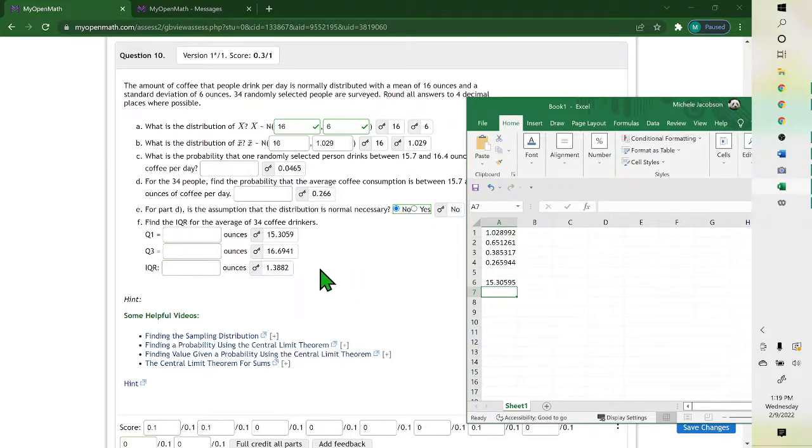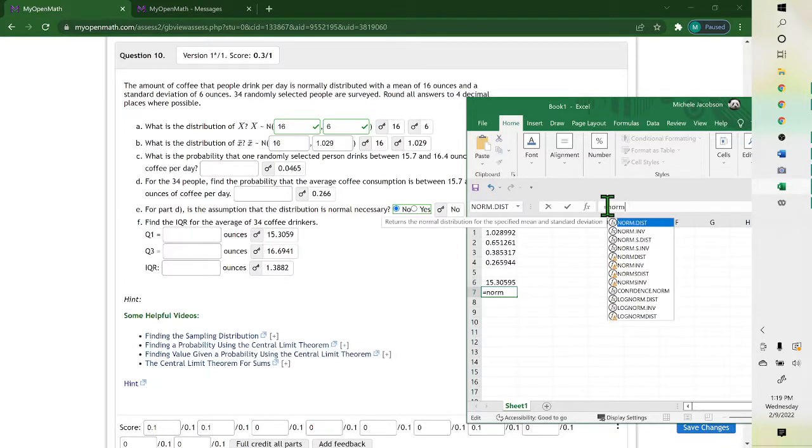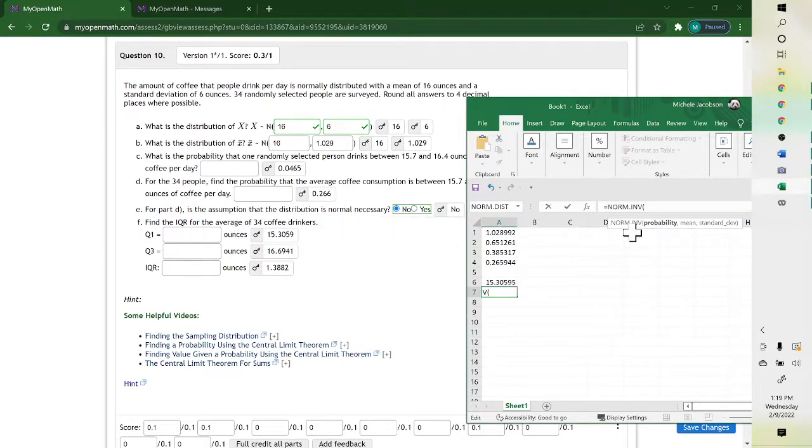Q3, 75th percentile. We do the same thing, equals norm, and we want the inverse because we have the percent and we're looking for the value, doing the opposite. You put your probability, 0.75, comma, your mean, and 1.029, and hit enter. 16.6941.